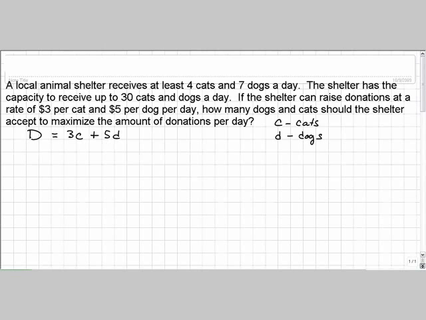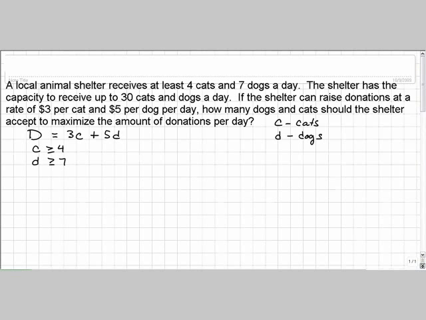What are our constraints? It says the local animal shelter receives at least 4 cats and 7 dogs a day. So that means that C is greater than or equal to 4. And D, the number of dogs, is at least 7, so that's greater than or equal to 7.